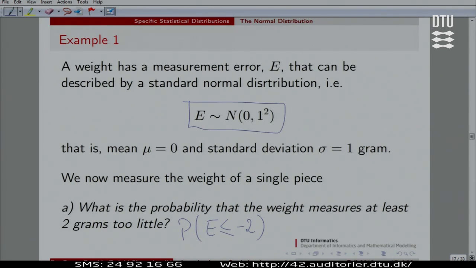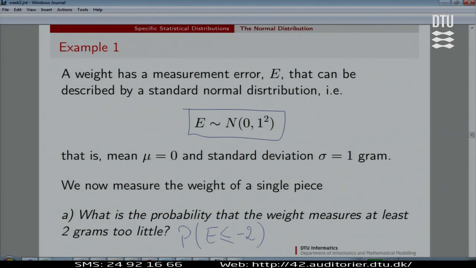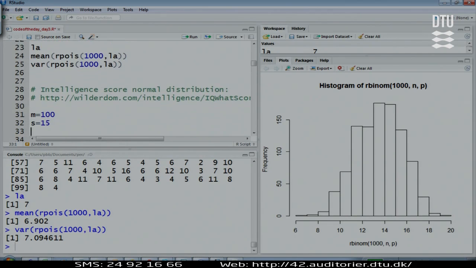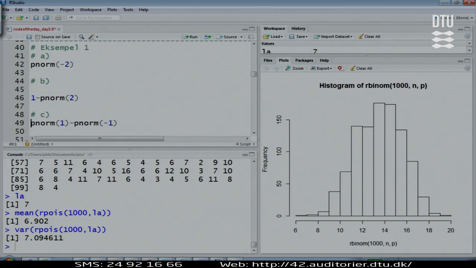Let's see if we can find this probability. I'll do it in two ways. I will do it the neat way first. The neat way is here. P norm, that's the probability distribution function of the normal distribution. And if you put no options to it, it assumes it's the standard normal.